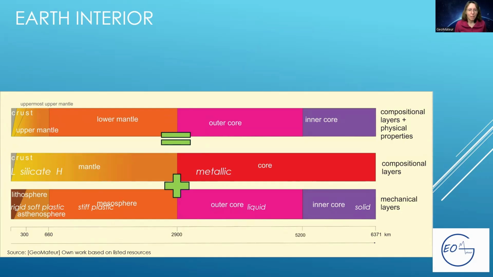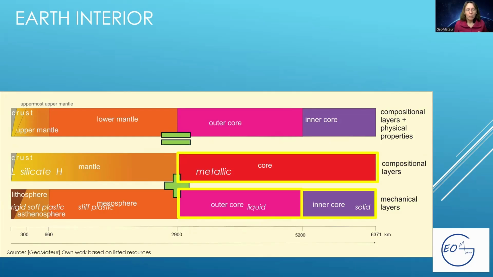Compositionally, it's the core, one layer. Mechanically, there is the solid inner core and the outer core that's liquid. And the result is that we have a metallic solid inner core and a metallic liquid outer core.